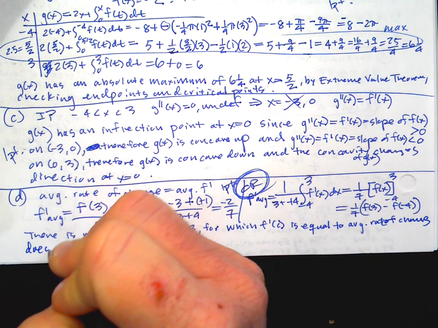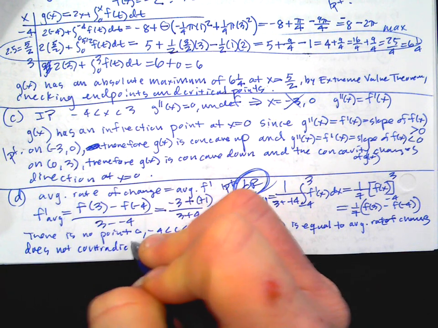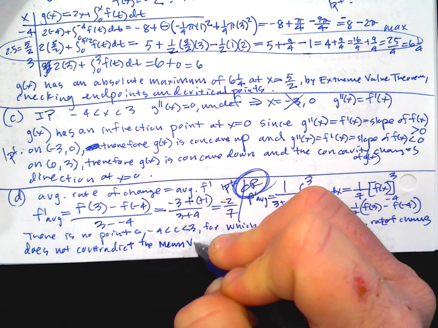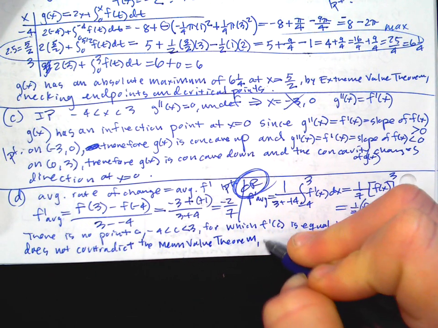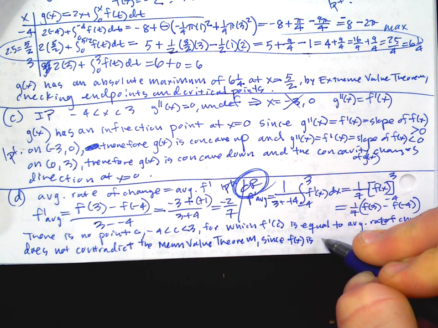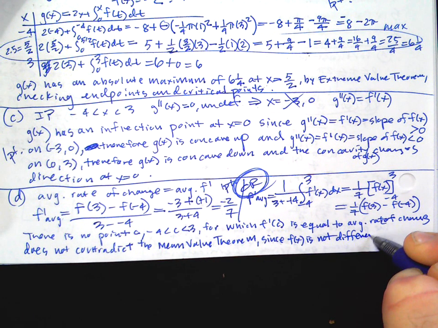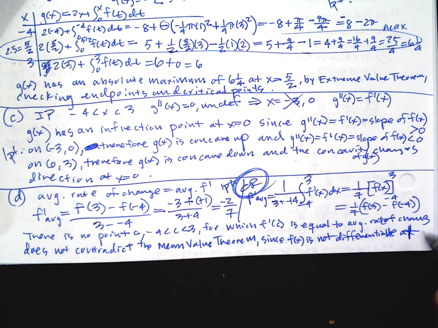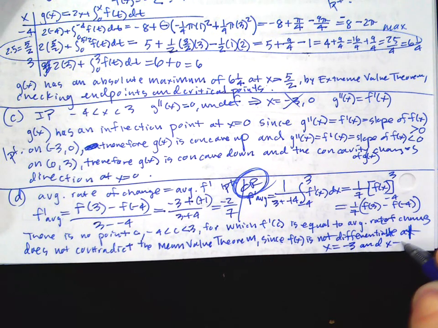This does not contradict the mean value theorem since f of x is not differentiable at x equals -3 and x equals 0.